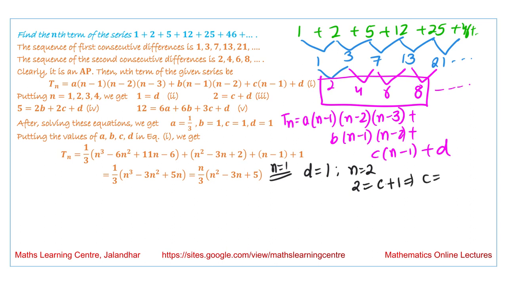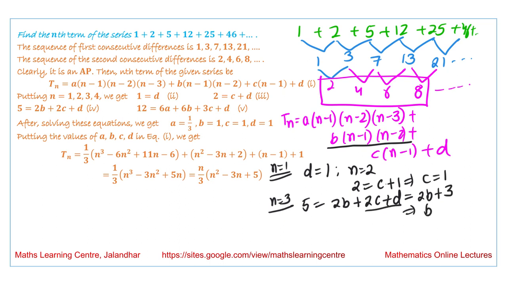So this implies that C is equal to 1. When we substitute n is equal to 3, we obtain 5 is equal to 2B plus 2C plus D. So we are writing this is equal to 2B plus 3, so the value of B we obtain is equal to 1.